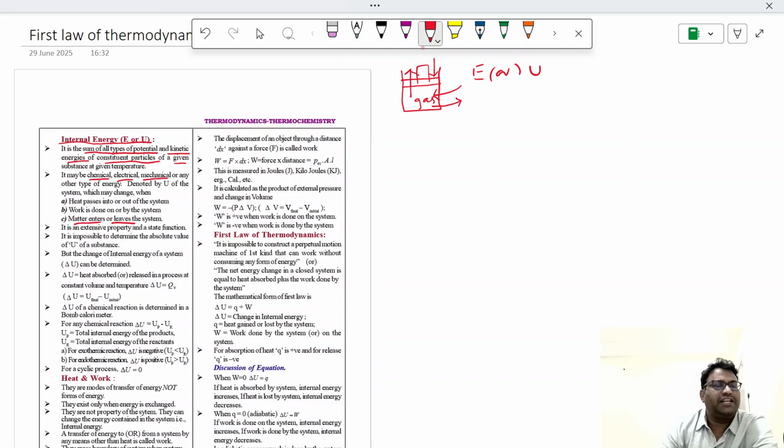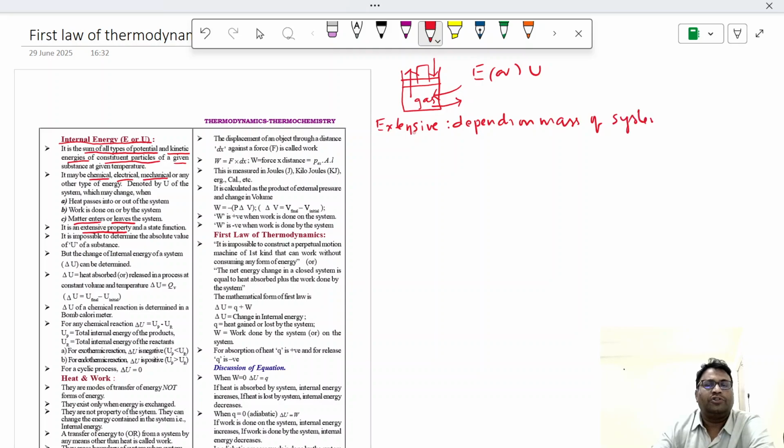Internal energy is an extensive property. Extensive property, as we discussed in the previous video, means the property that depends upon the mass of the system, or the quantity of matter present in the system.